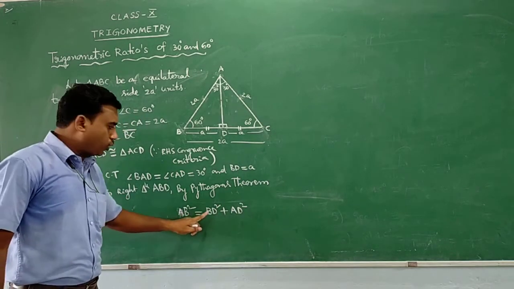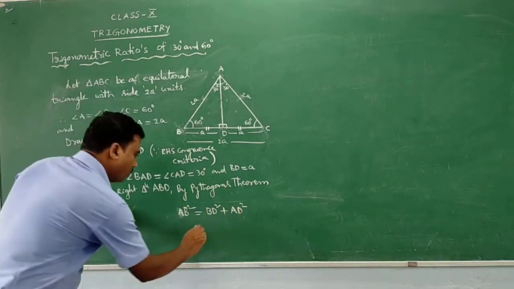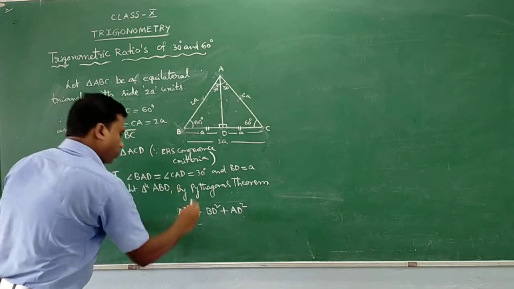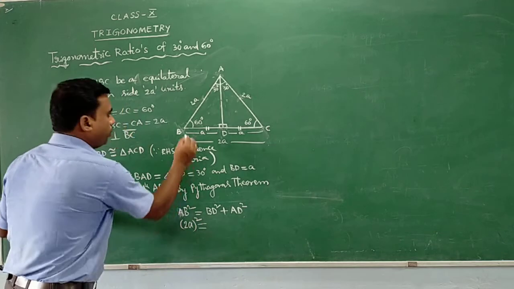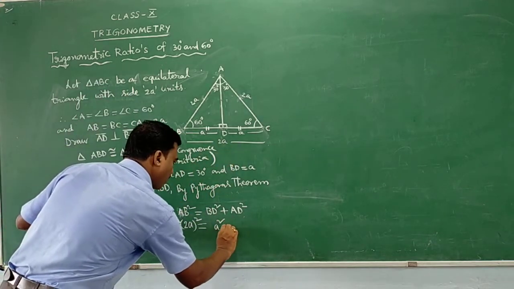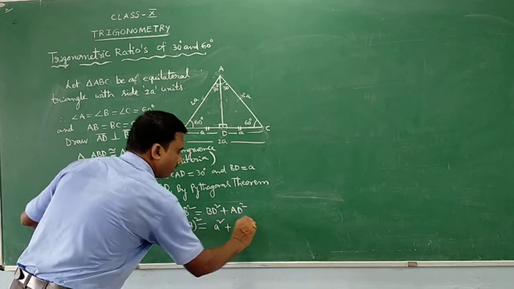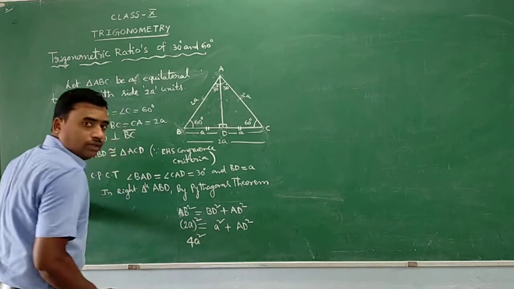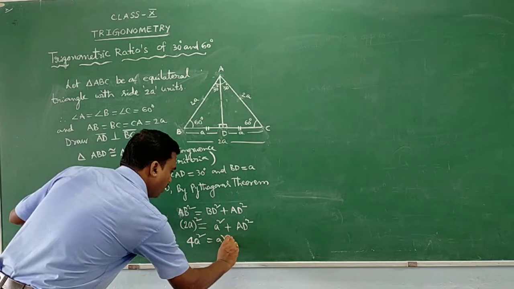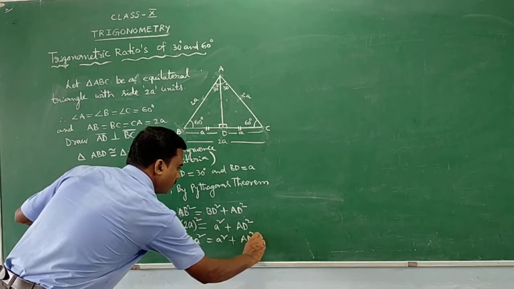So AB square is equal to BD square plus AD square. AB is equal to 2a, so 2a whole square, which is 4a square, is equal to a square plus AD square.